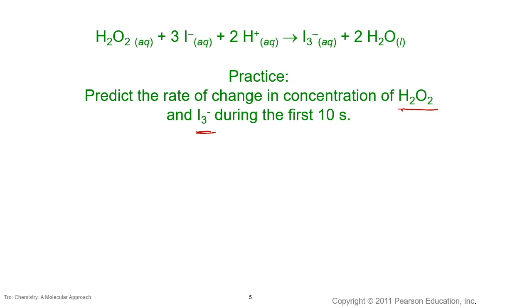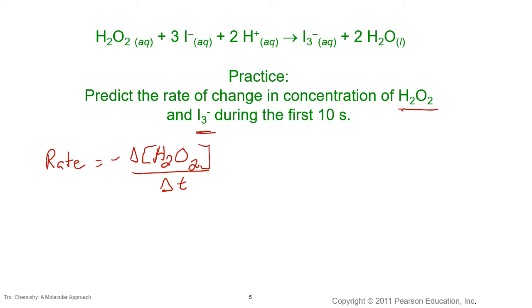So if we write our rate equation, it's negative change in hydrogen peroxide. It's negative because it's a reactant. We don't have any coefficients, so we don't have to worry about a fraction.